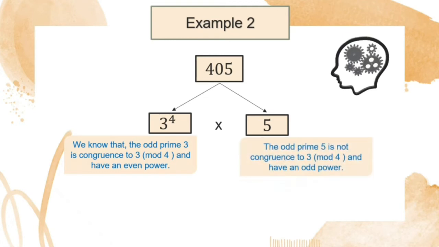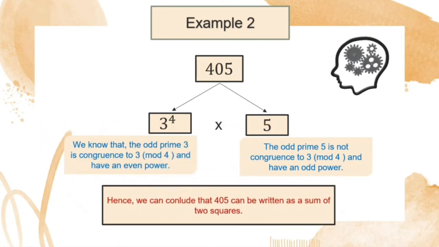The odd prime 5 is not congruent to 3 mod 4 and has an odd power. Hence, we can conclude that 405 can be written as a sum of two squares. Next example.